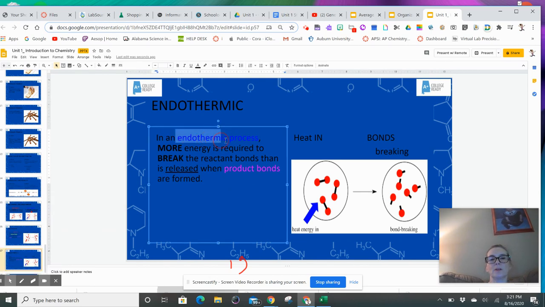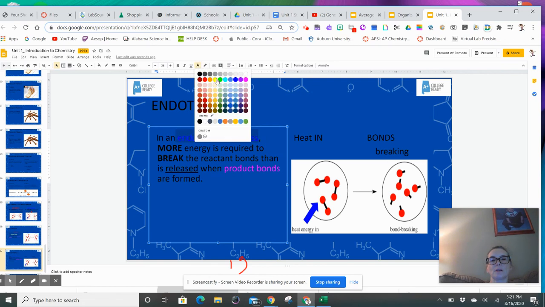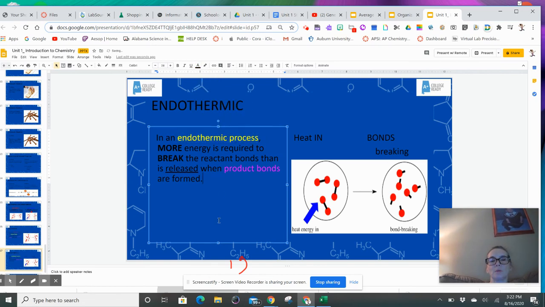Here we go again. Let's change that color so we can see that. In an endothermic process, more energy is required to break bonds than is released when we form bonds. So it takes a lot of energy to break a bond compared to forming a bond.